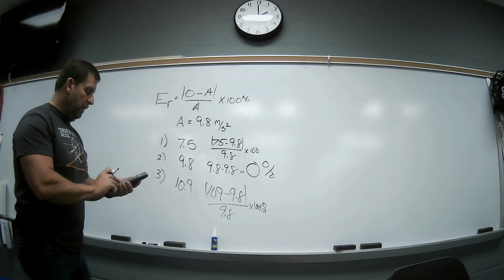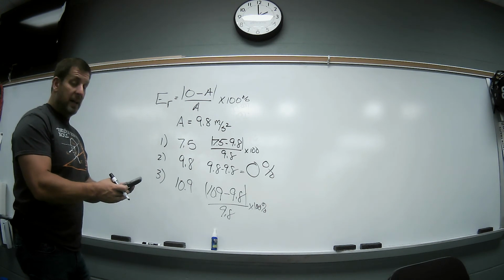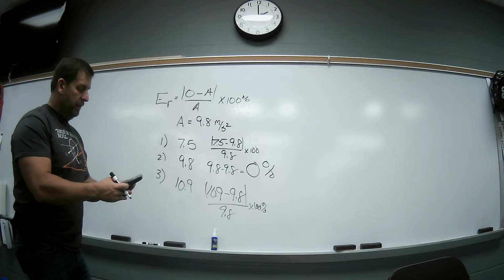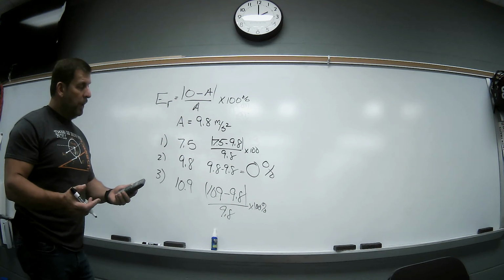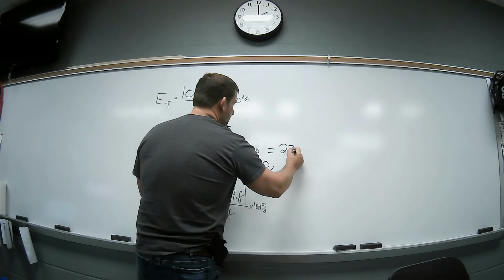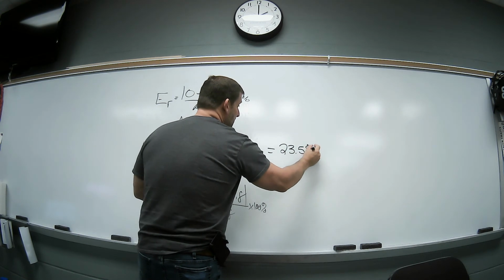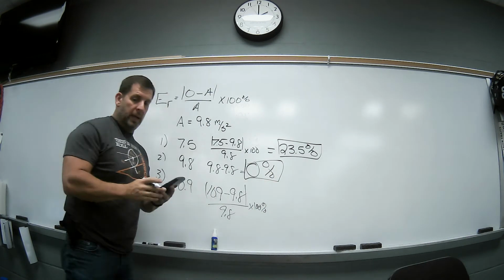So as we work here, I'm going to do this. The top one, 7.5 minus 9.8 equals negative 2.3, but you've got to make it a positive. Divide by 9.8, and I get 0.235 multiplied by 100, going one place past the decimal: 23.5% is the relative error for that one. 0% for this one.